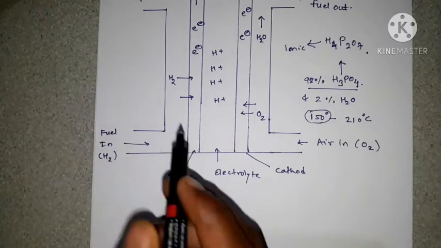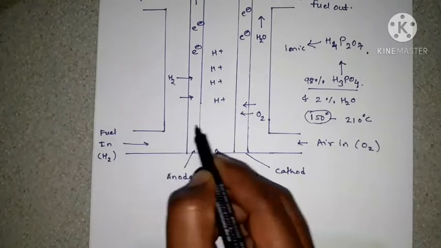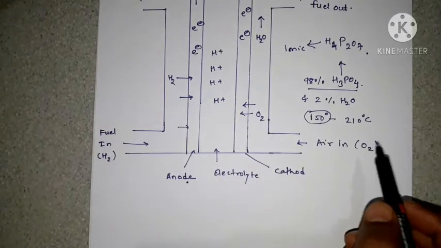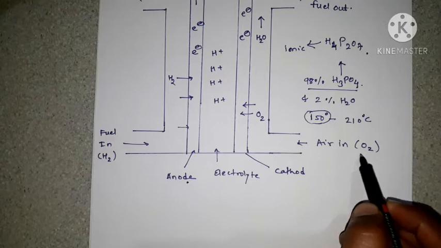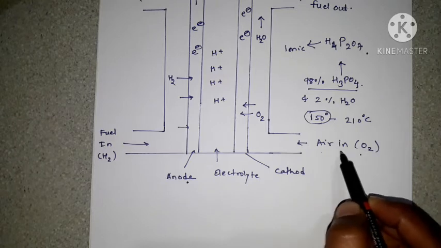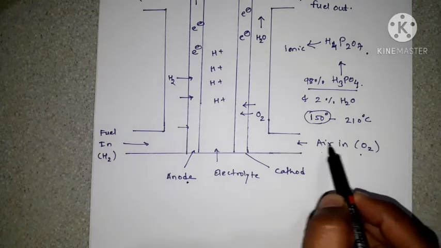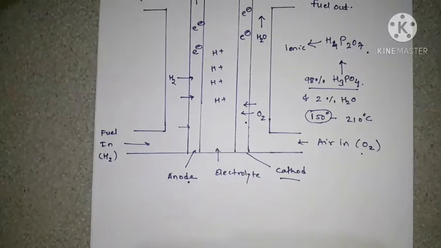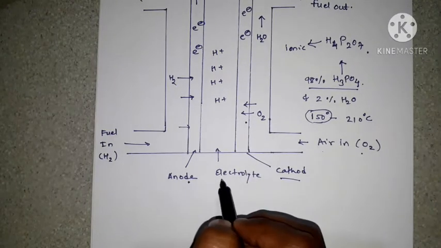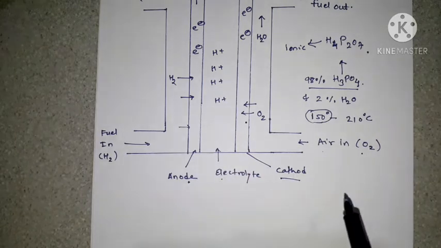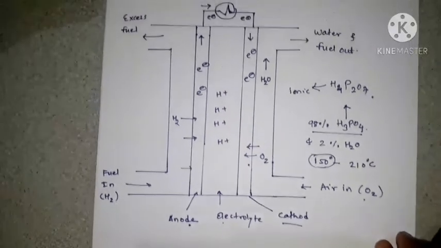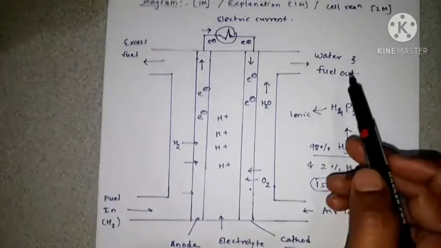Okay, as we know, hydrogen gas is continuously passed or bubbled through the anode, and oxygen gas or air, you can say, is continuously passed on the cathode. Electrolyte, as we know, phosphoric acid is taken in the phosphoric acid fuel cell. Then what is the byproduct?